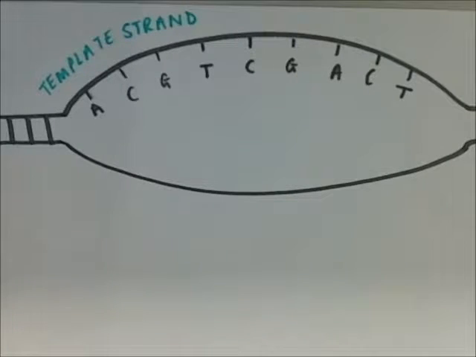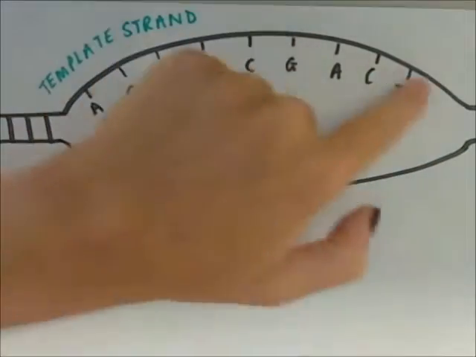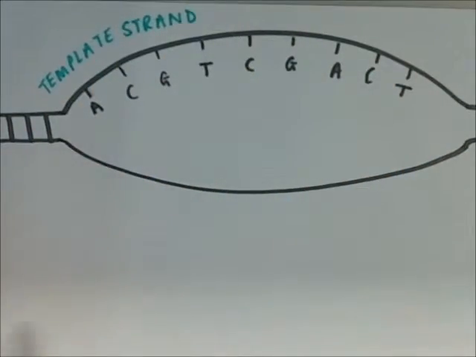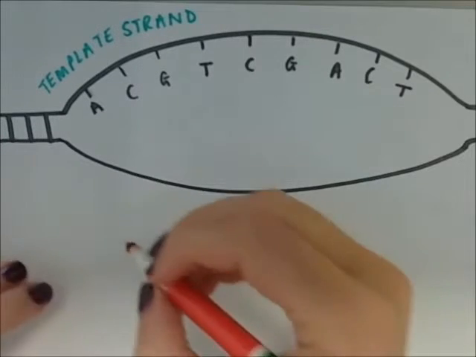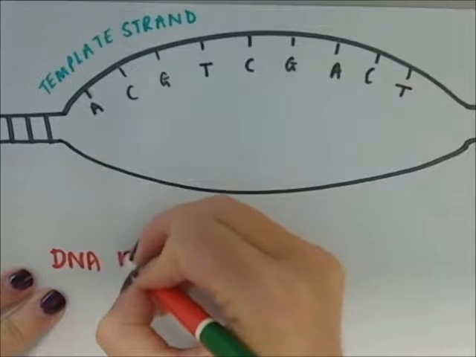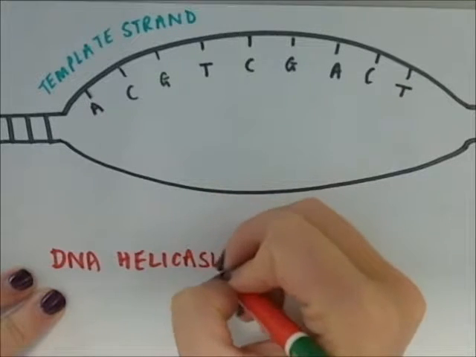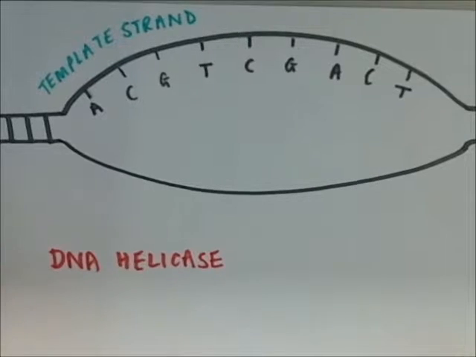So what has to happen is that the DNA unwinds and unzips in the region of the gene. So that's happened here, and an enzyme does that. That enzyme is called DNA helicase. So that enzyme unwinds and unzips the gene.